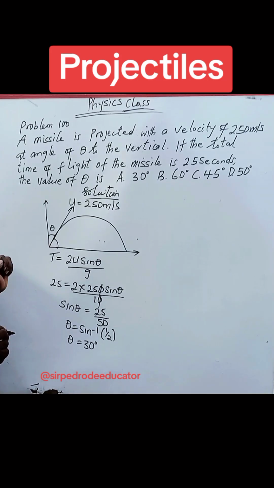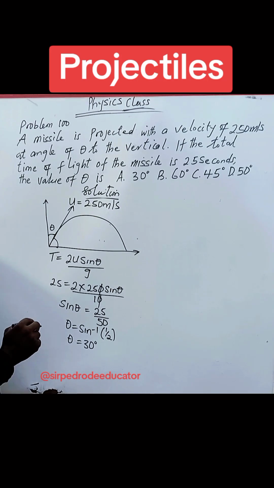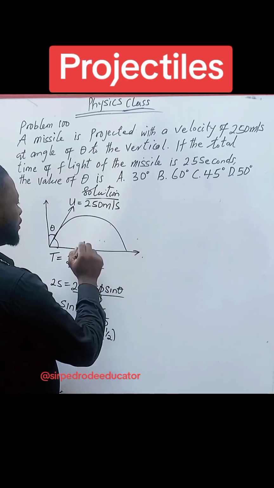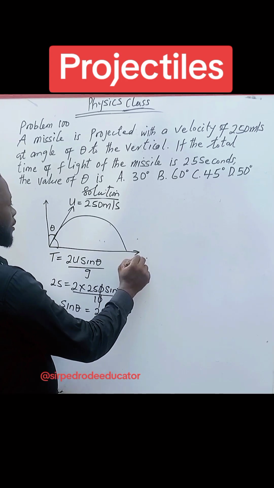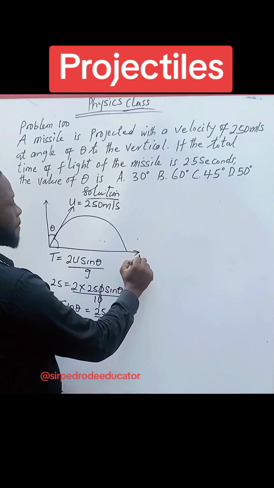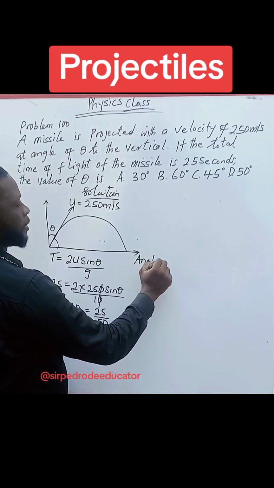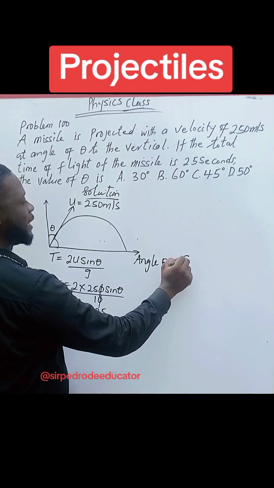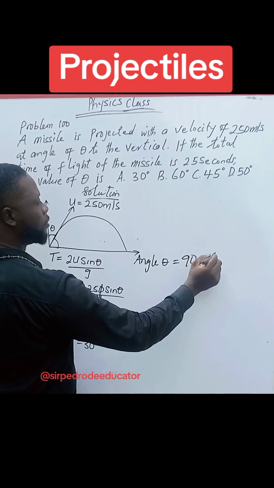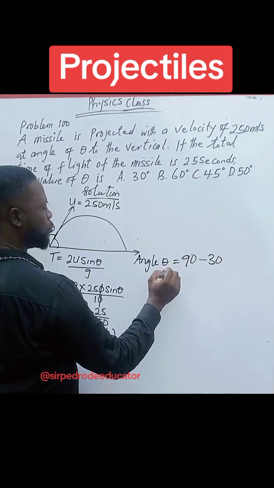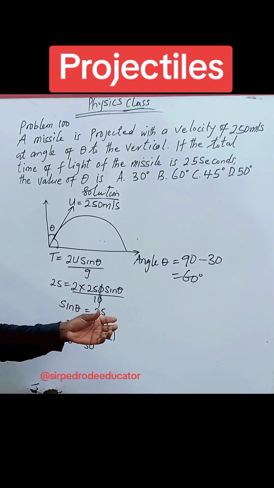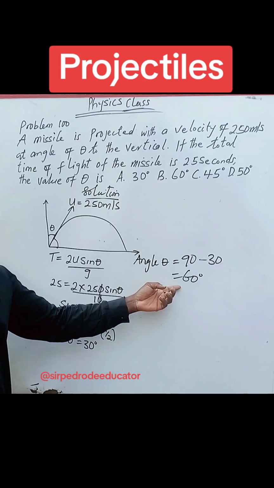So for us to get the real value which they asked us to look for, the theta we are looking for is equal to 90 minus 30 degrees, which is 60. So this is the right answer to the question. So 60 is the right option.